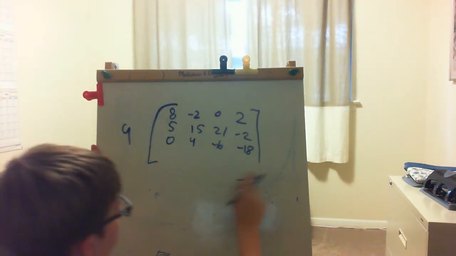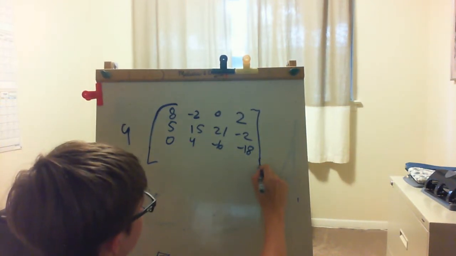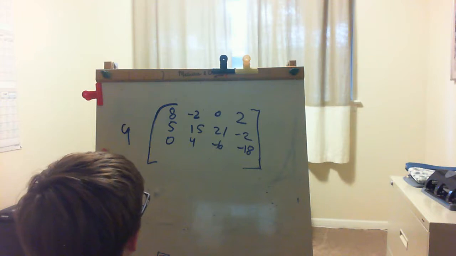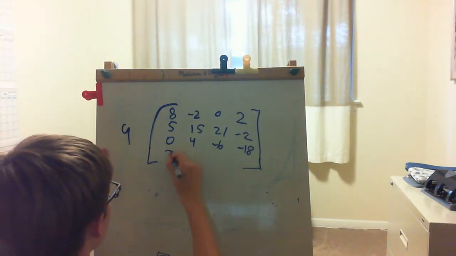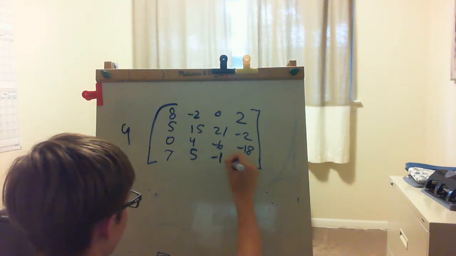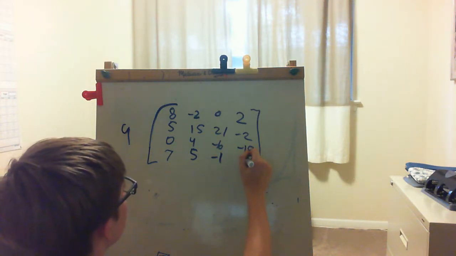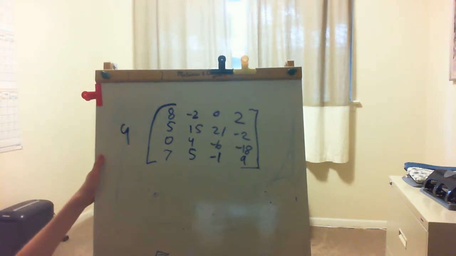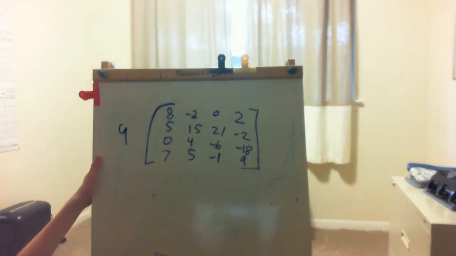and then our last row here. Last time I drew 5, so sorry about that. The last row is going to be 7, 5, negative 1, 9. Okay, so what you do is you multiply each number by 4.